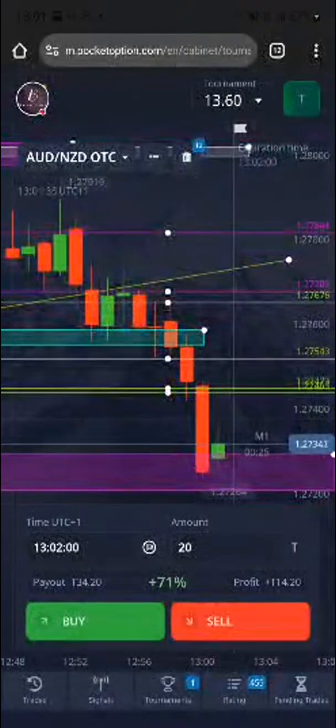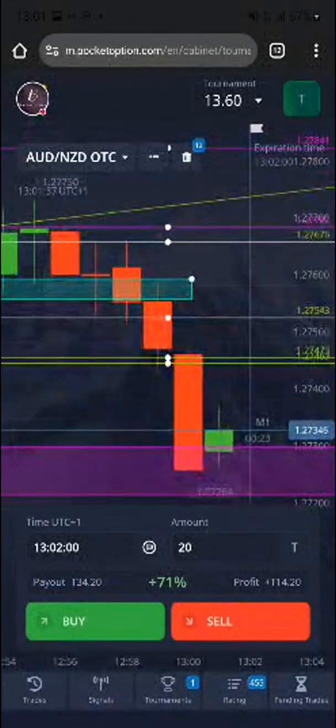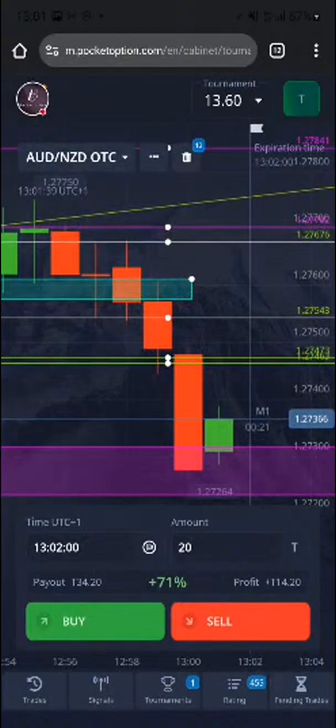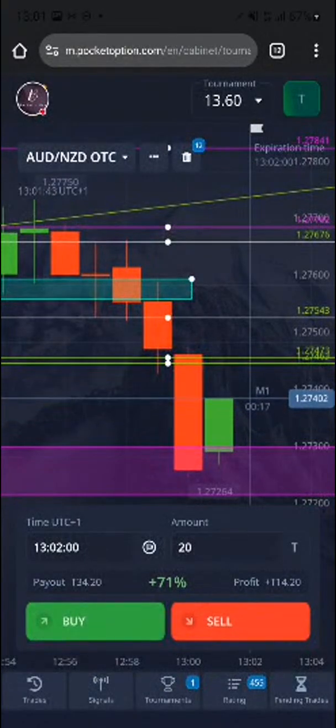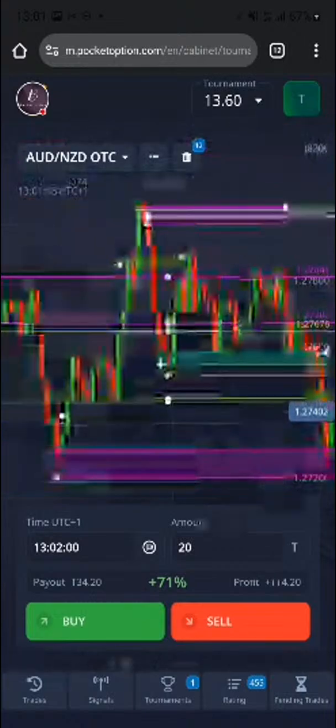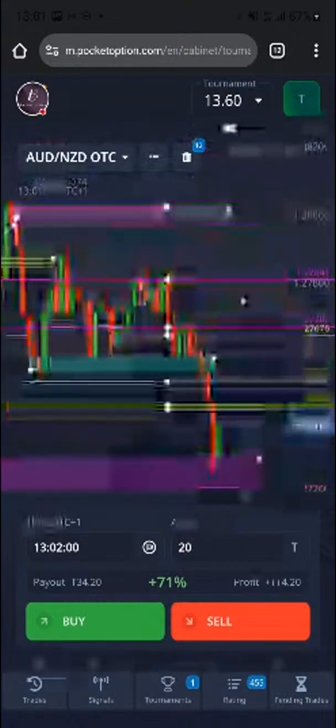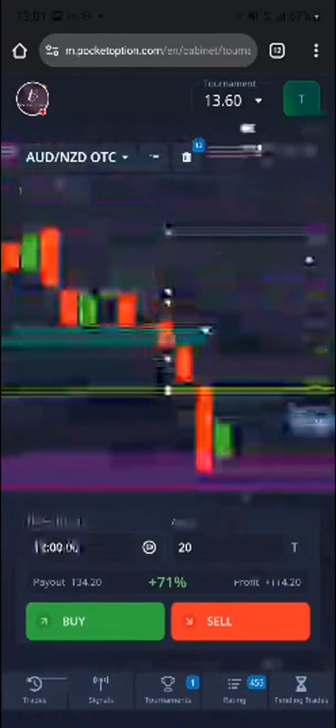We should actually go with the sellers here, but I'm not going to do that. Why? Because we have a gap up. We have a demand area down here. You see the buyers down here, they may disregard this gap up and just give us a candle. So that's the reason why I will not go with the sellers.